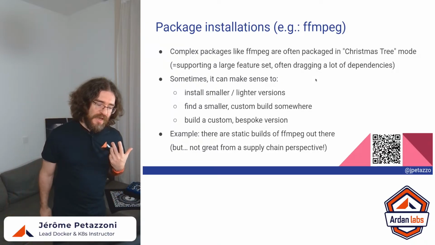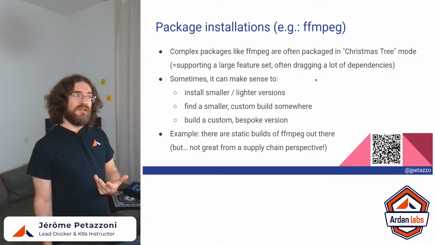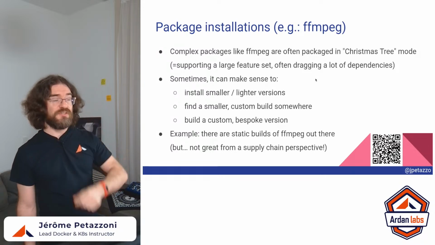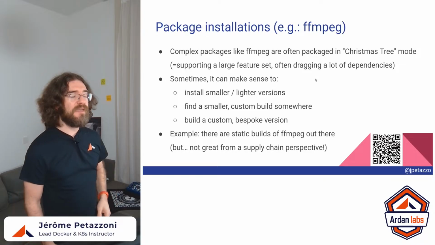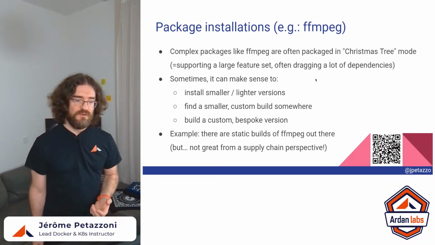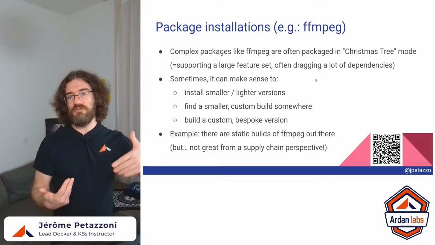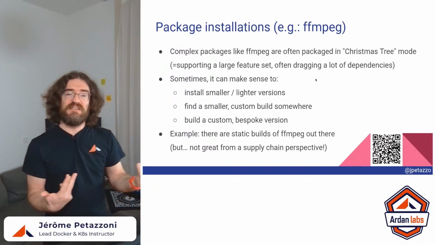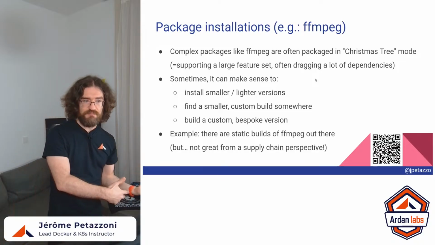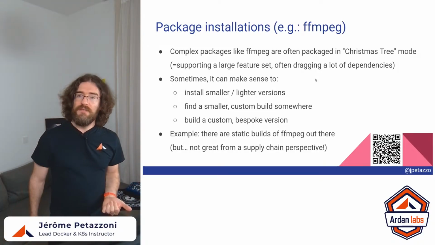However, what I could have done, if this had been for a customer, is reach out to the person who has built that FFmpeg and ask them, hey, would you be okay just sending me the build flags that you've been using so that I can reproduce that FFmpeg build in my Dockerfile?